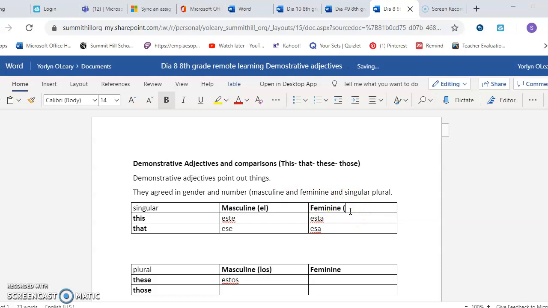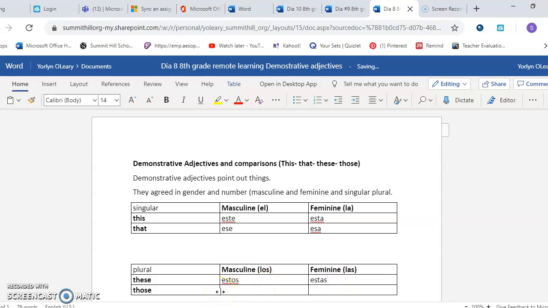Feminine singular will be the ones with la. They end with a. And then feminine plural should be the ones that the definite articles start with las. Alright, so estos, that will be for these. And if the Spanish word is feminine, you're going to say estas.